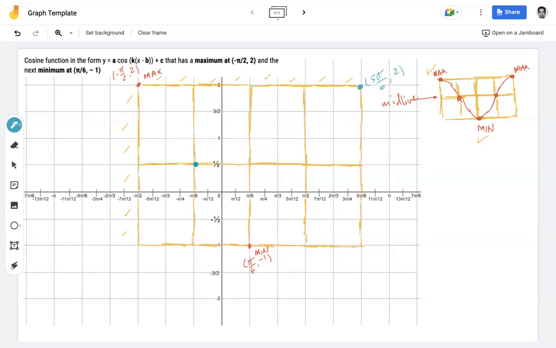In this case, they're not going to be the x-intercepts. They're going to be the points that are exactly over the midline, and the graph is going to be roughly this.